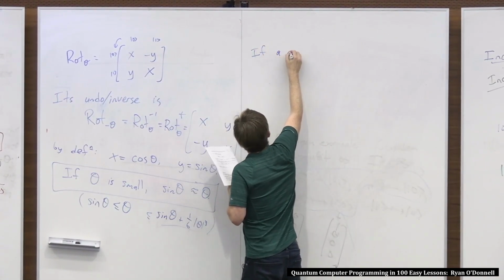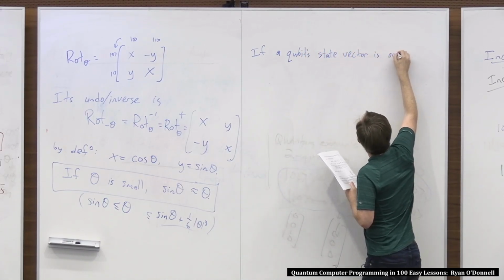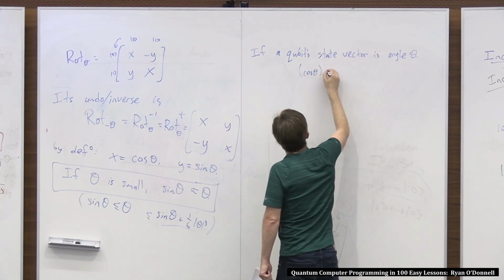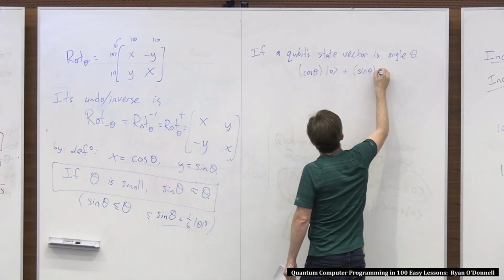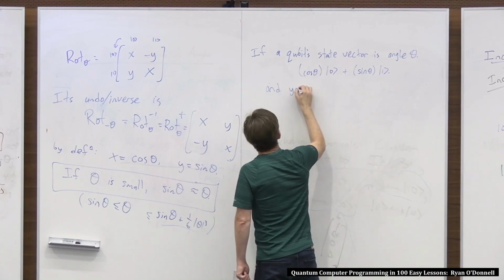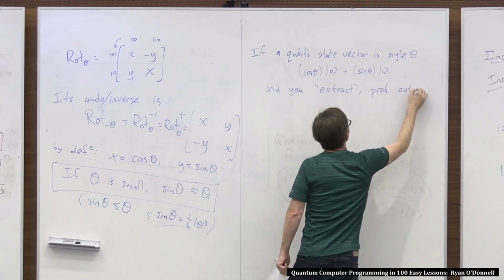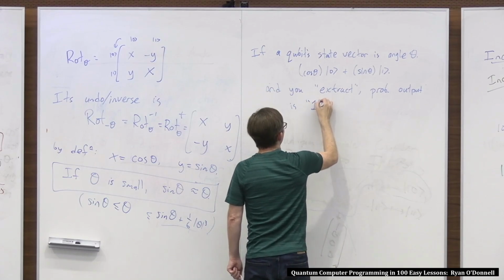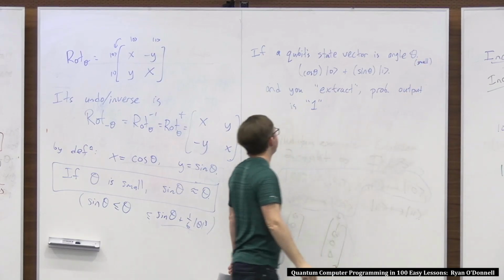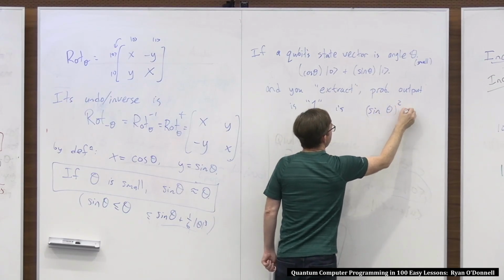If a qubit's state vector is at angle theta, which we now know means it's cos theta amplitude on 0 plus sine theta amplitude on 1, and you measure it, the probability that the output is 1, which is a very unlikely thing if theta is small, is exactly sine theta squared, which is about theta squared.